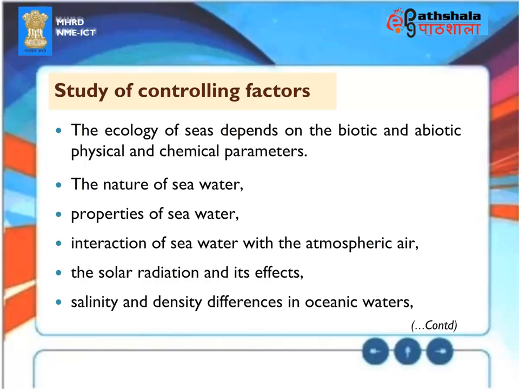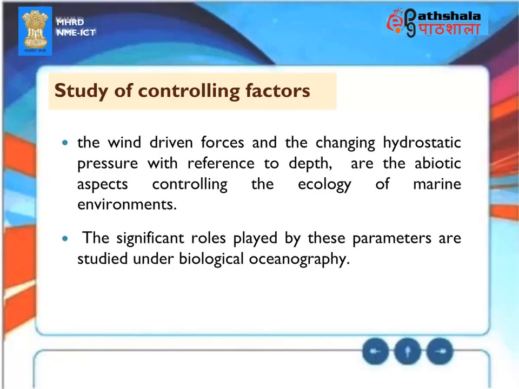The nature of seawater, properties of seawater, interaction of seawater with the atmospheric air, the solar radiation and its effects, salinity and density differences in oceanic waters, the wind-driven forces and the changing hydrostatic pressure with reference to depth are the abiotic aspects controlling the ecology of marine environments. The significant roles played by these parameters are studied under biological oceanography.